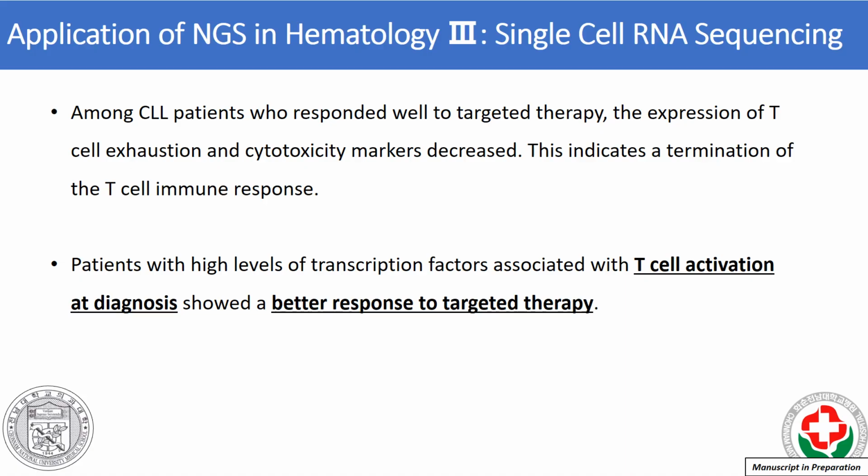After successful chemotherapy, both exhaustion and cytotoxic markers tend to decrease, which likely reflects the normal contraction of the immune response. And also at the time point of diagnosis, the T cell activity we measure by transcription factors can predict the treatment responses.